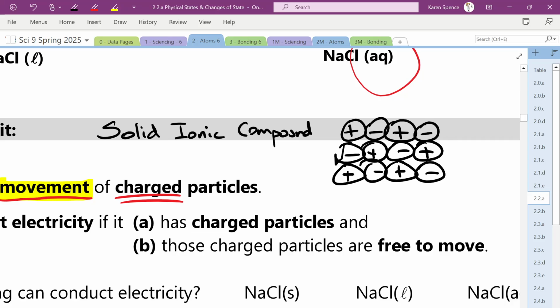Now, when it is in its solid form, can those particles move? No. So let's test that out just to make sure. I've got this plugged in. I'm going to turn it on. There are 2 wires here. And if something touches those wires that can conduct electricity, the light bulb will light up.